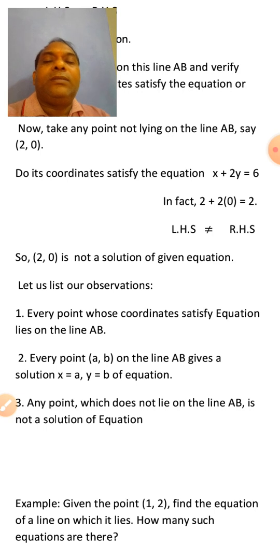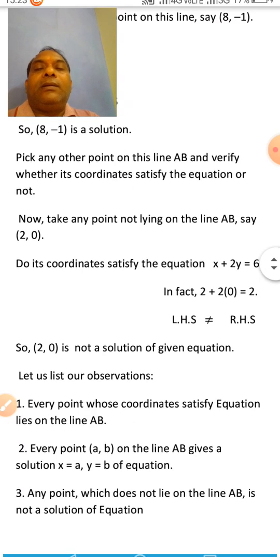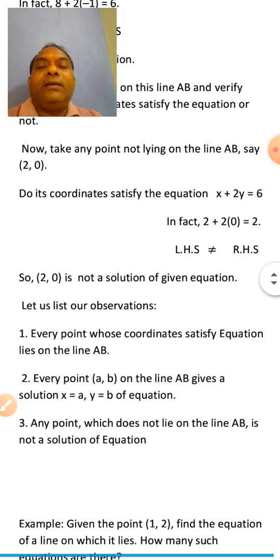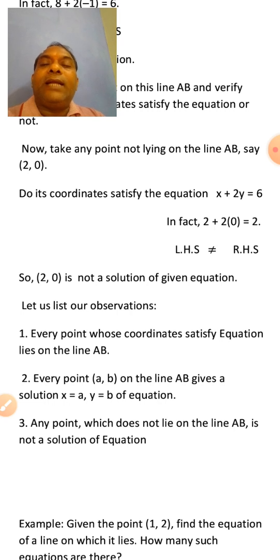Given line means the plotted line, clear. It means here line AB means the equation of the given line, clear. So we have to plot the line. Then the first point is every point whose coordinates satisfy the equation lies on the given line, clear.